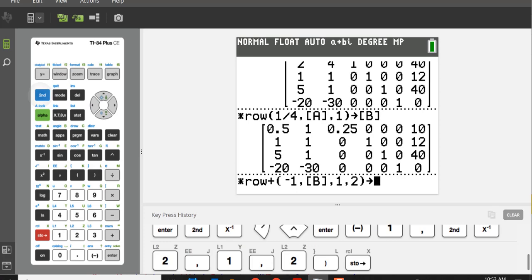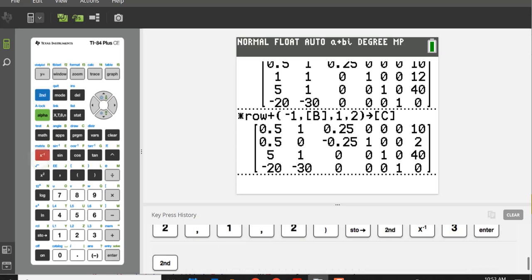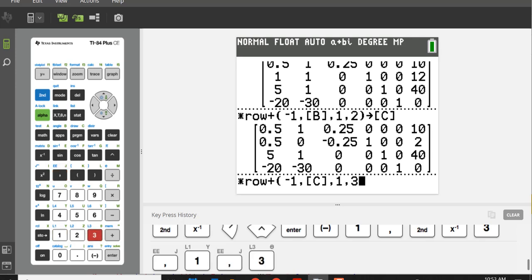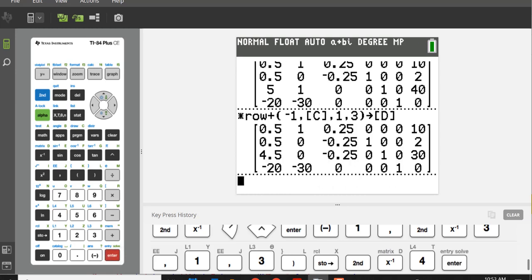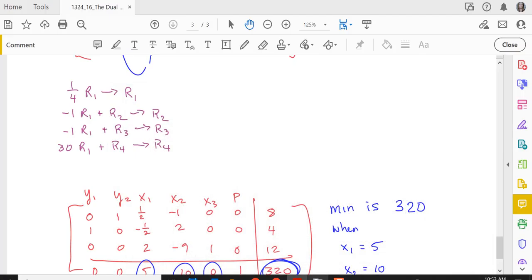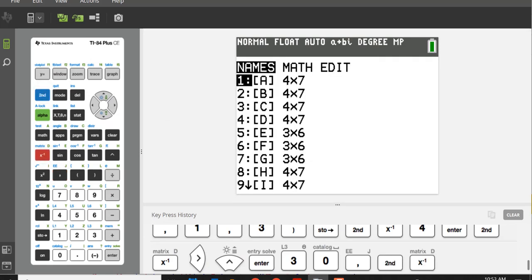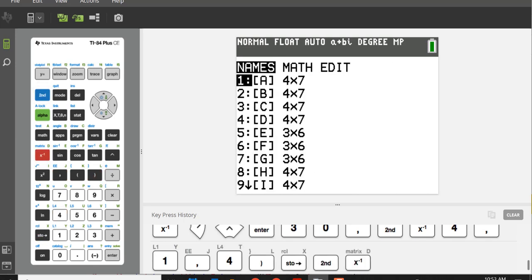And store that as matrix C. Go do matrix math, multiply, add by -1, matrix C, row 1 to row 3, store it as matrix D. Last one, go do matrix math, multiply, add by 30 in matrix D, row 1 to row 4. Store it as matrix E.